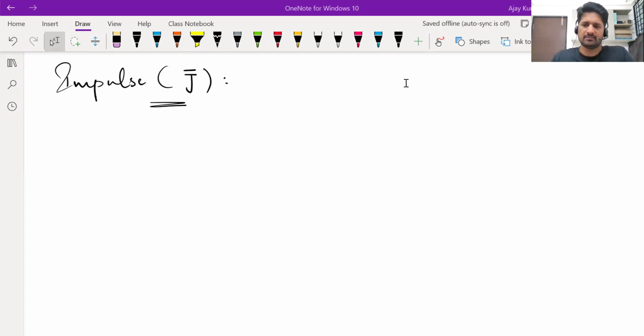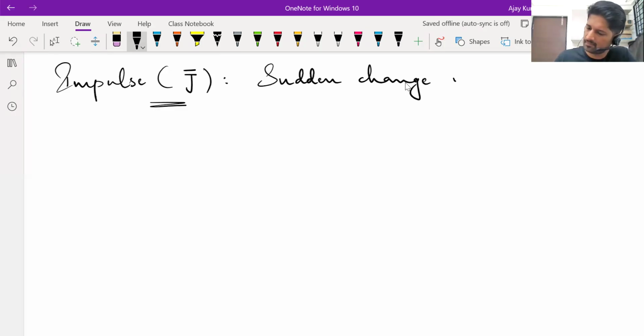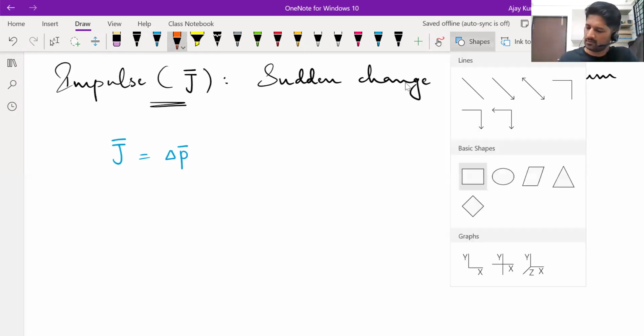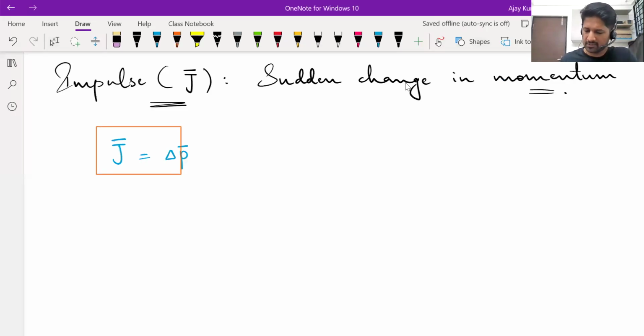Now in physics, impulse is basically a sudden change in momentum. So effectively, impulse as a quantity is just change in momentum. But why are we giving it a separate name? If it happens quickly, if it causes a sudden change in the motion of an object, then we call it impulse.